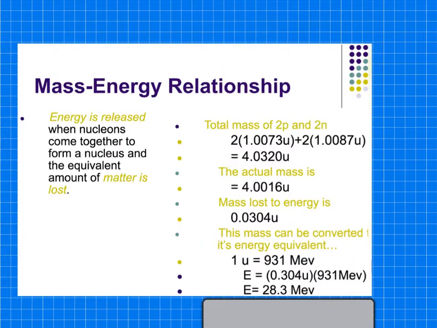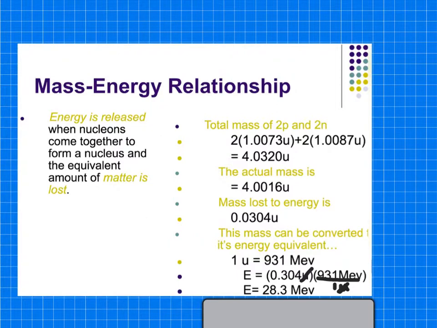If we set up our conversion factor, it would be over 1 U, and you would see that the U's cancel. So we multiply, and you would have 28.3 mega electron volts.